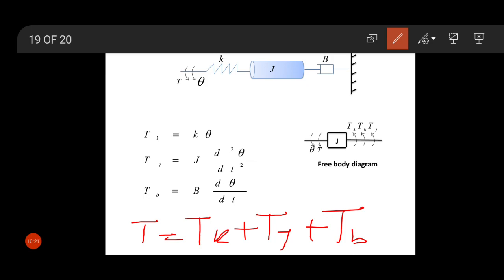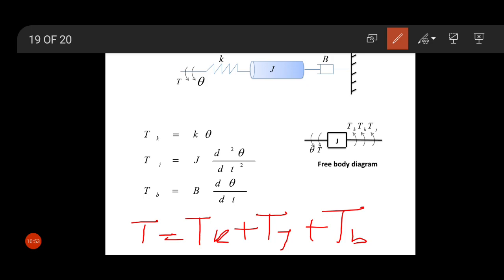If we take the Laplace transform of both sides, after putting T_K equal to Kθ, T_J equal to J d²θ/dt², and T_B equal to B dθ/dt, then we will find the transfer function of this mechanical system.